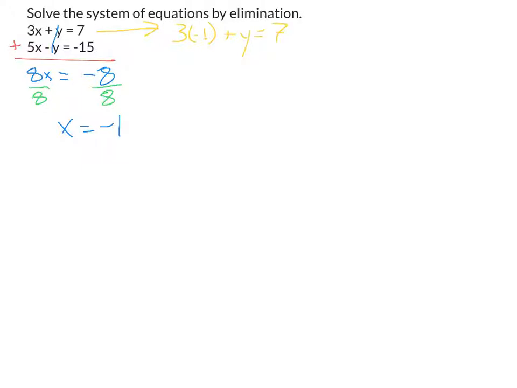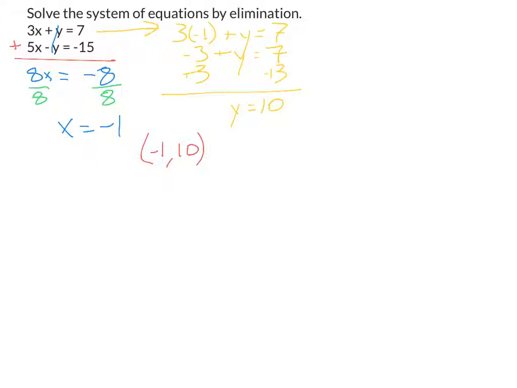And we solve. So 3 times negative 1 is negative 3. Still plus y equals 7. Now we'll add 3 on both sides, so y is equal to 10. So our ordered pair should be negative 1 comma 10.